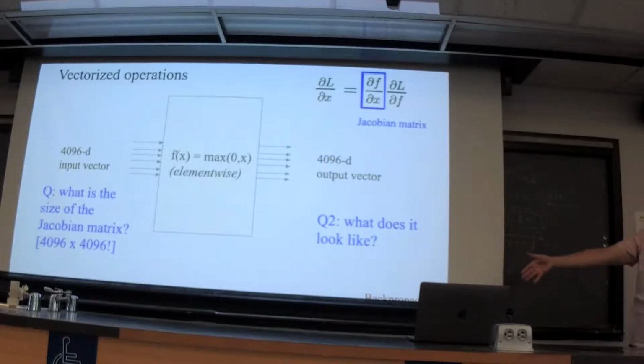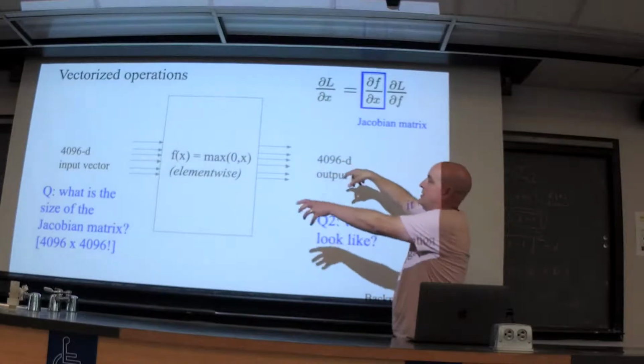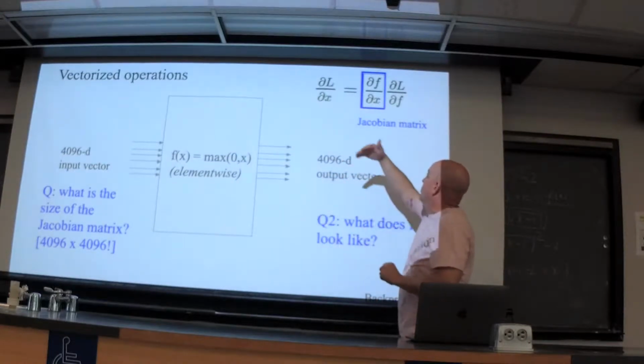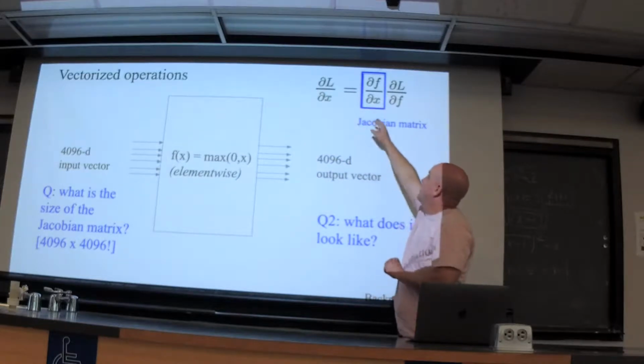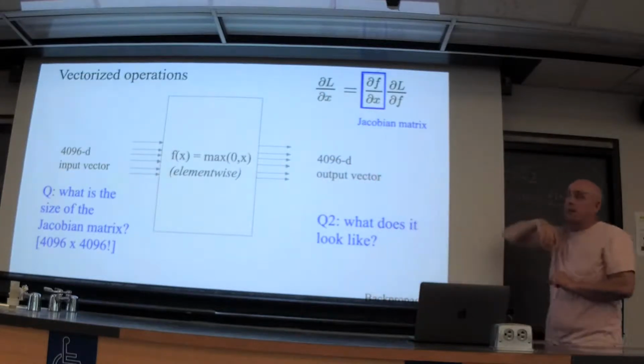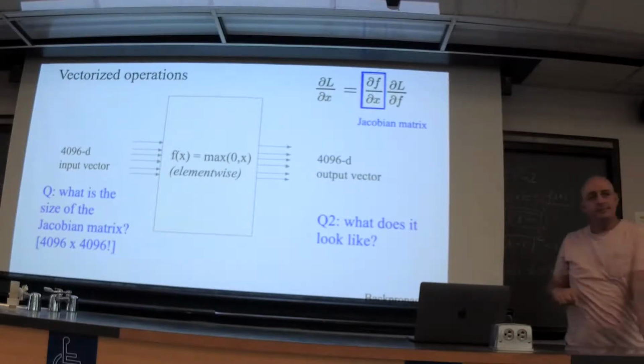length 4096, and even though these are the same dimension, 4096 by 4096, what should each row of this Jacobian look like? Should it be all the partials of an entry of f with respect to all the inputs, or vice versa, all the outputs of f with respect to one of the inputs?